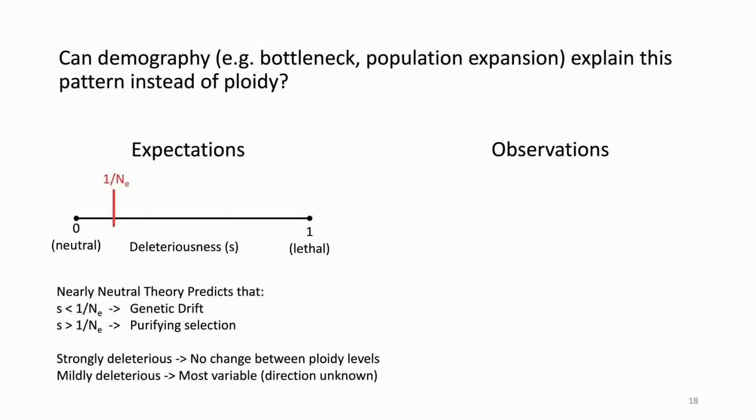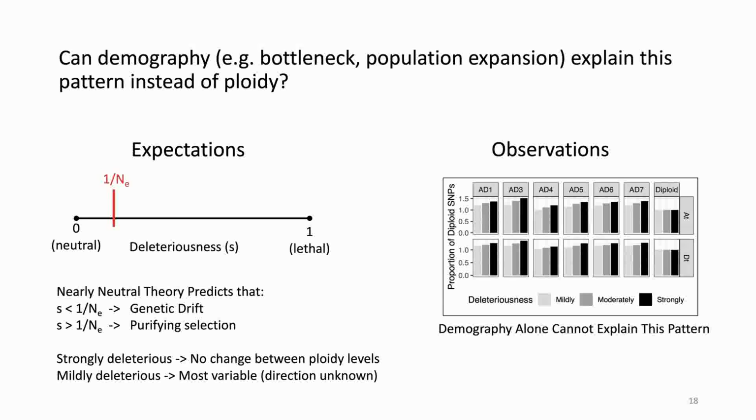And so for strongly deleterious mutations that have a high value of S, we shouldn't expect to see any change in the ploidy levels if this effect is only due to shifts in demography. However, for mildly deleterious mutations, depending on how deleterious they are in respect to the effective population size, we could see a lot of variability.